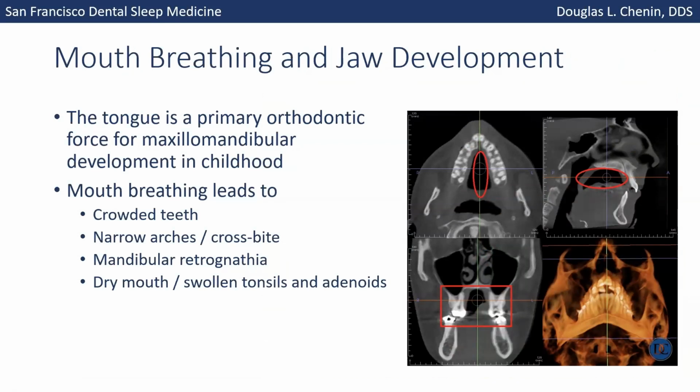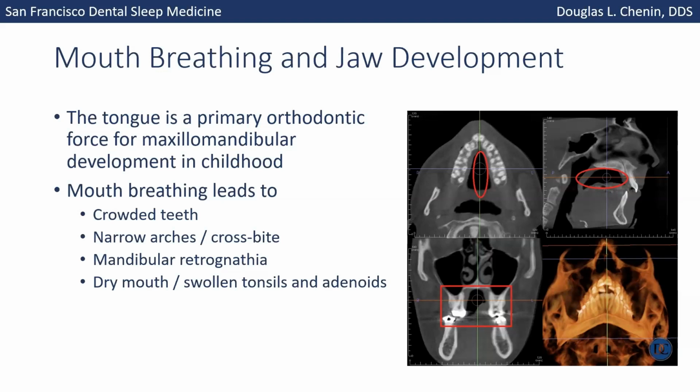And so the tongue is a driving orthodontic force in our growth and development. And it comes up over and over again when you'll see class 2 or crossbite or maxillary deficiencies. All these different things go back to mouth breathing, 3, 4, 5, 6, 7 years old.